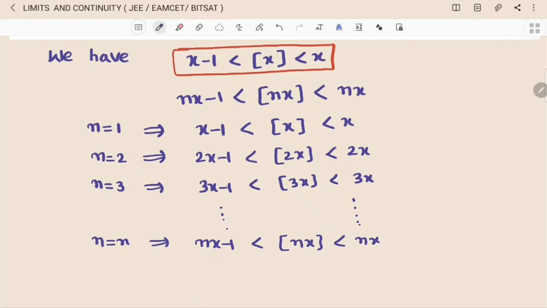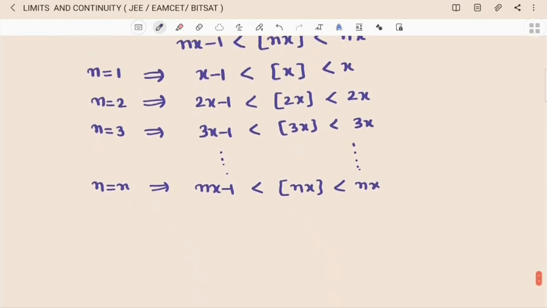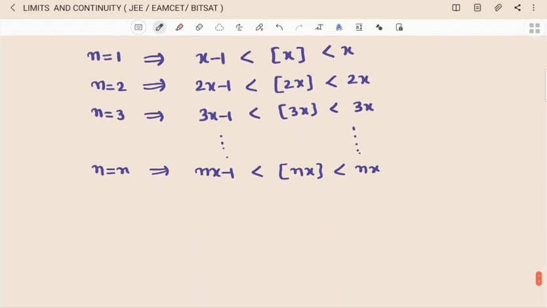Now I am adding all the values, when n is equal to 1, when n is equal to 2, when n is equal to 3, and so on, n is equal to n. These inequalities I am going to add.